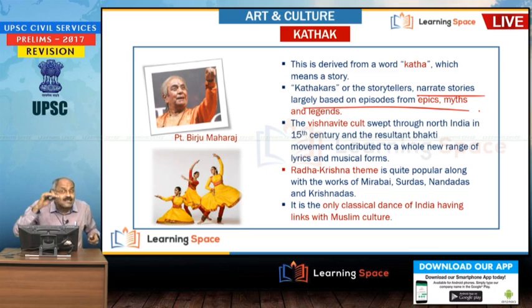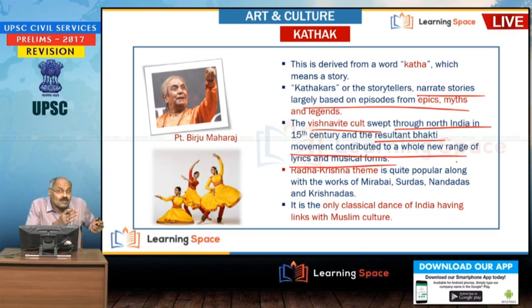Very important: when we are talking about Kathak, the Vaishnavite cult swept through the northern part of the country in the 15th century, and the resultant Bhakti movement contributed to a whole new range of lyrics and musical forms. Here the Radha Krishna theme is quite popular, along with the works of Mirabai, Surdas, Nandadas and Krishnadas.